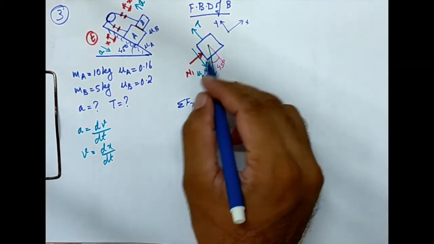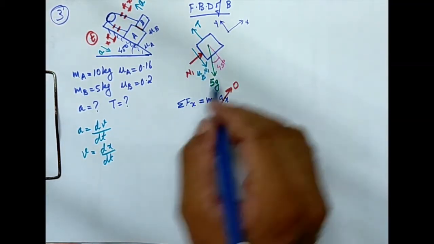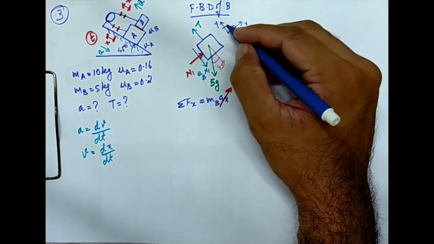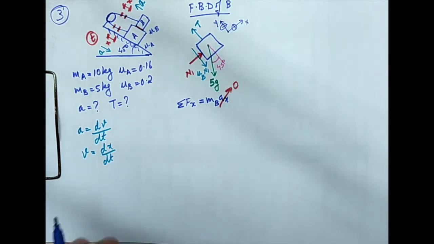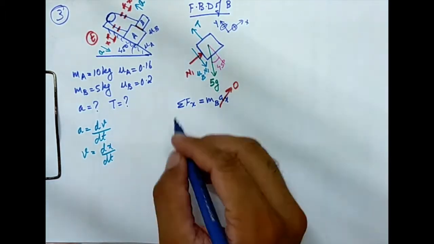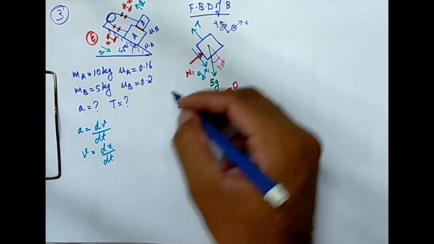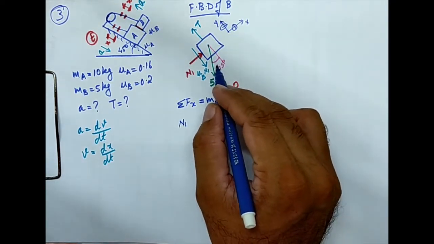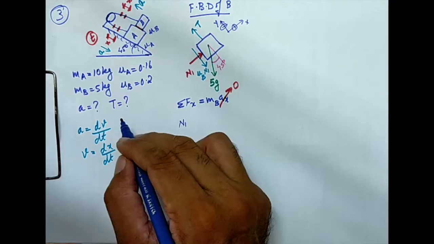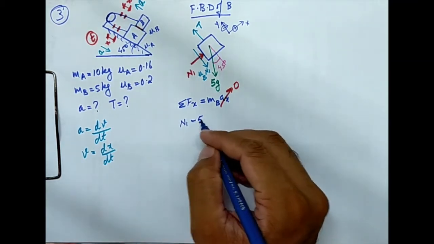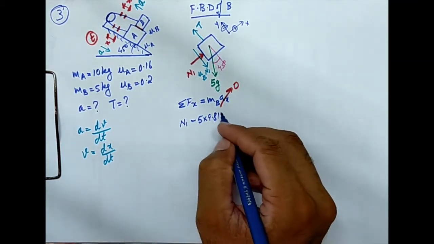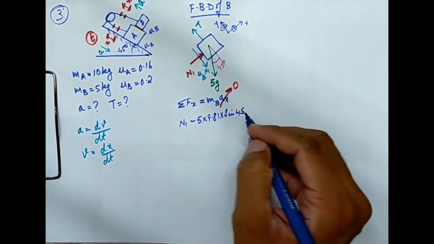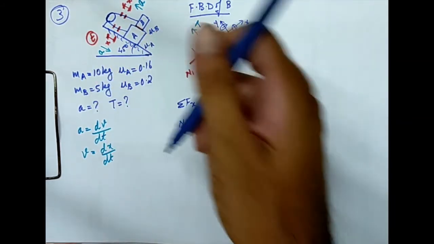So now we are substituting, calculating the different values. So I need to have a positive direction. So this is my positive x and this is my positive y. So I have N1 in the positive direction, then 5g sine 45 in the negative direction. So 5 into 9.81 into sine 45 in the negative direction.